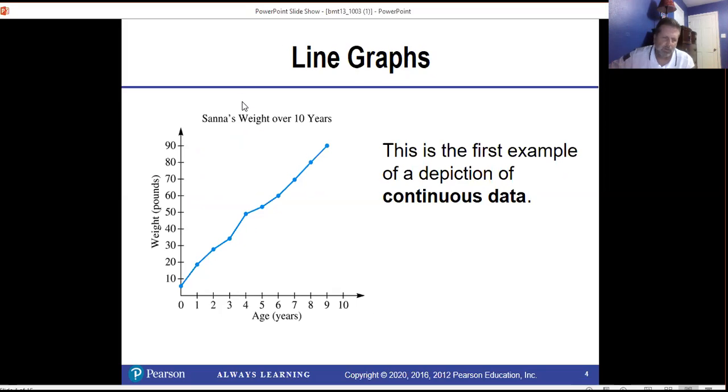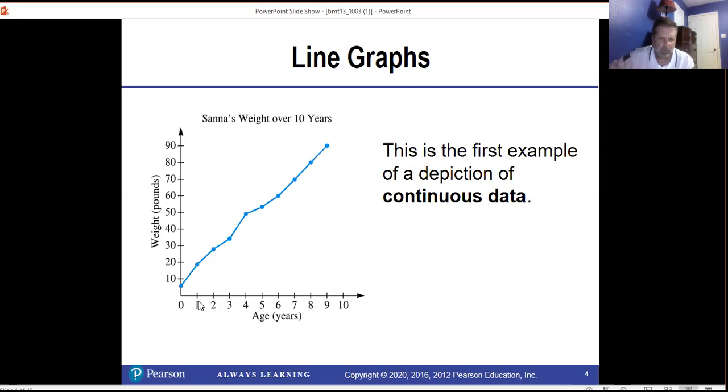So if you notice here, here's your age in years, this is your time, and what they're trying to decide is what's the weight over 10 years, okay? So notice the first year has a weight, okay? And we use a line graph sometimes to show continuous growth.